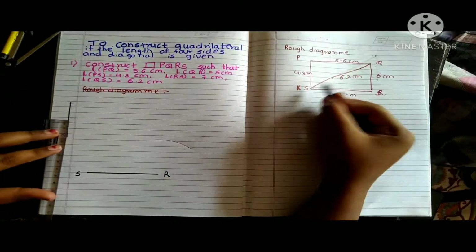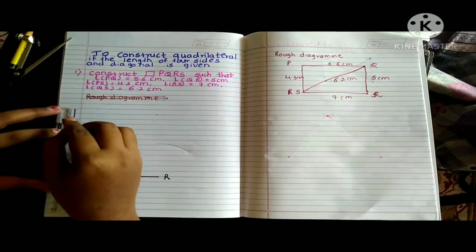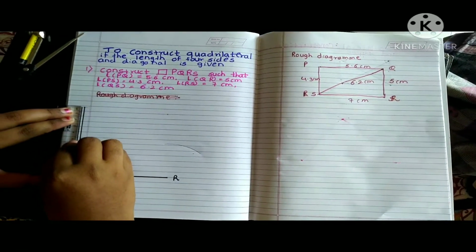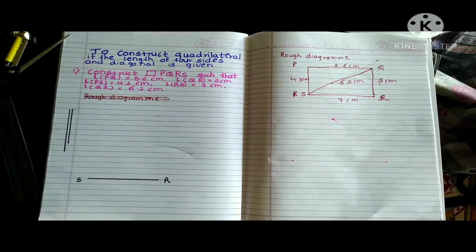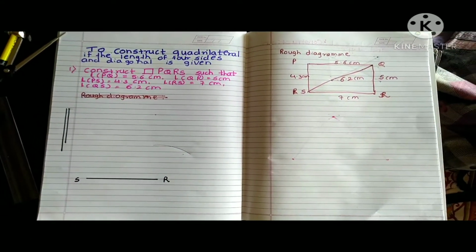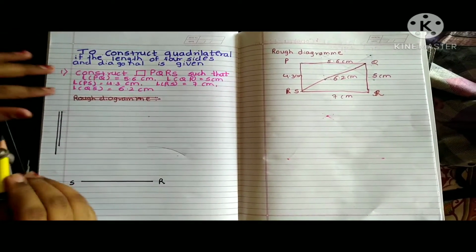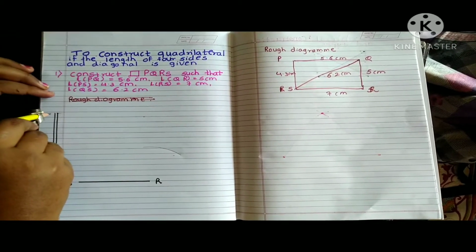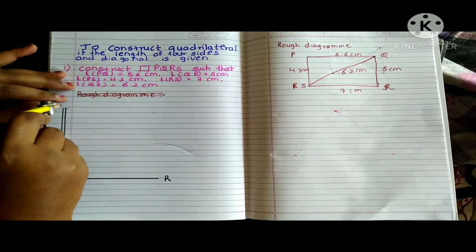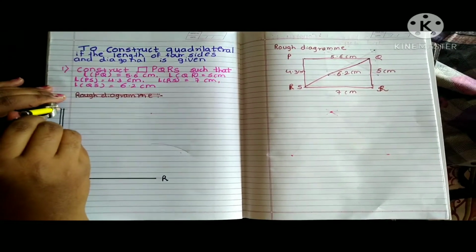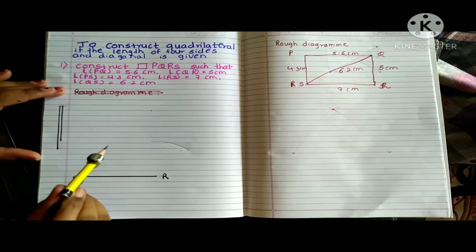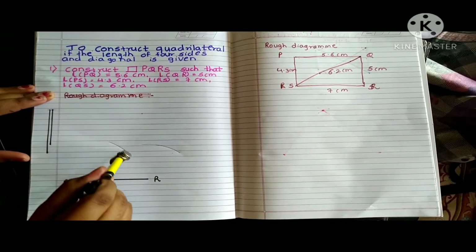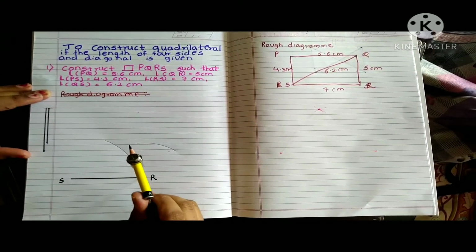Now what is given? SQ is 6.2 centimeter. So now for SQ, from S I will draw the arc of 6.2 centimeter.